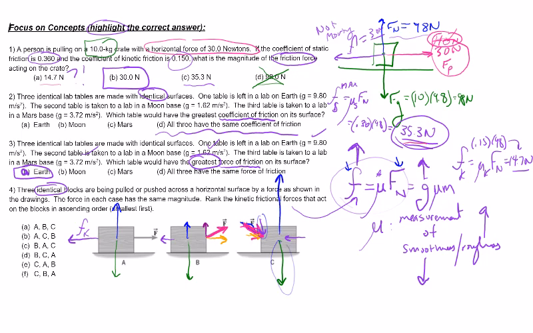So it's ranking the 3 normal forces. And the larger normal force would be the larger friction force and vice versa. So if we're going from smallest to largest, we want the smallest normal force, which would be B, then next A, and then finally C. So you can see it by just ranking those. Hope that helps.